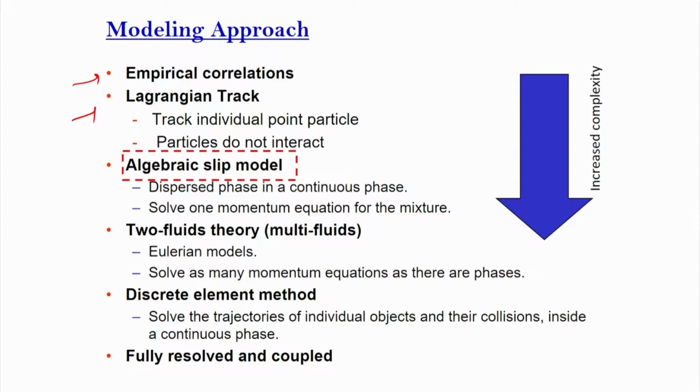Now, what we are going to discuss is the other methods, and one of the very initial methods used for the simulation or modeling of multi-phase flow is the algebraic slip method. Why has it been used? Because the major advantage of this model is that it is computationally very inexpensive, as we are solve only one equation for both the phases.